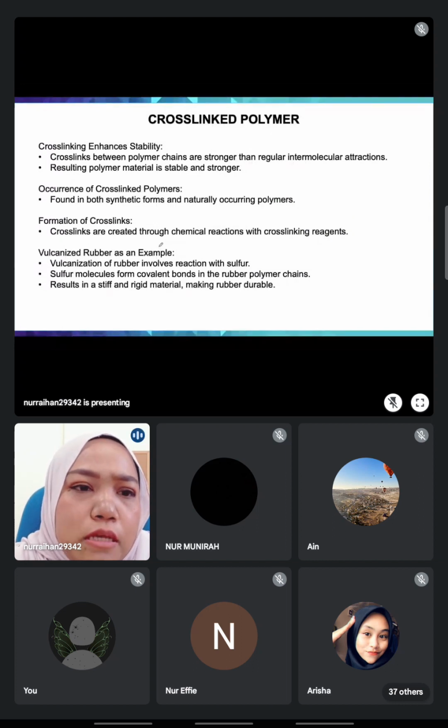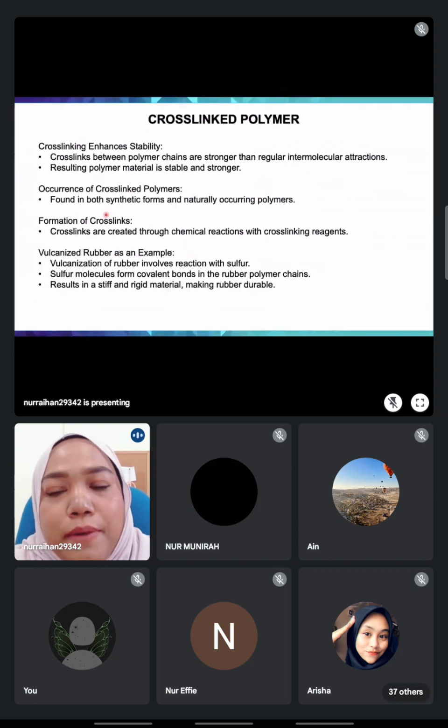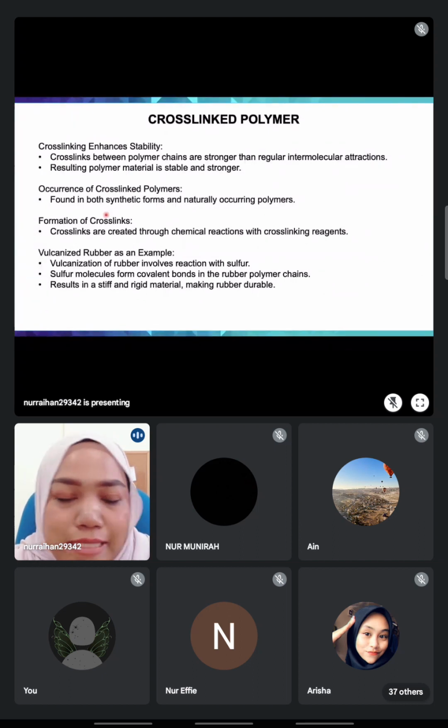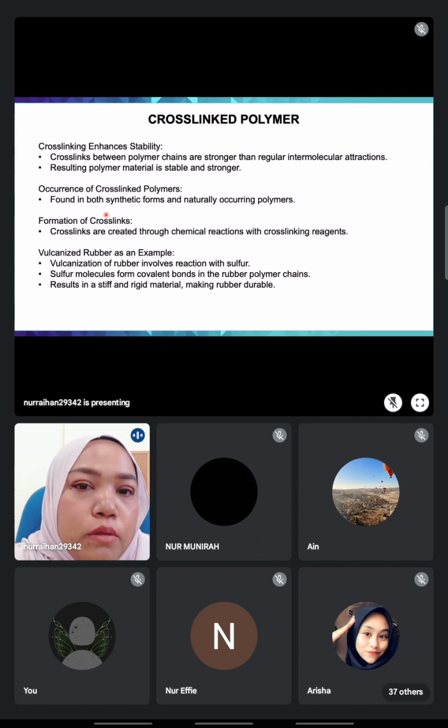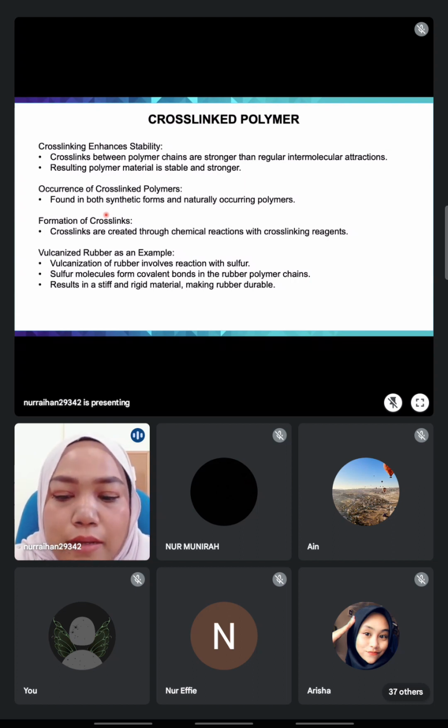Okay, so properties of the crosslink polymer. Crosslinks between the polymers are stronger than regular bonding. If you compare between these primary bonds and secondary bonds, such as hydrogen bonding, dipole, van der Waals, all that secondary bonding can be broken when you apply high energy.